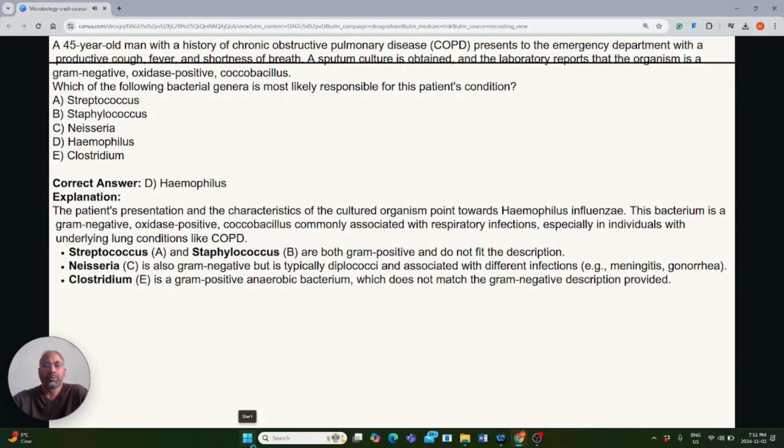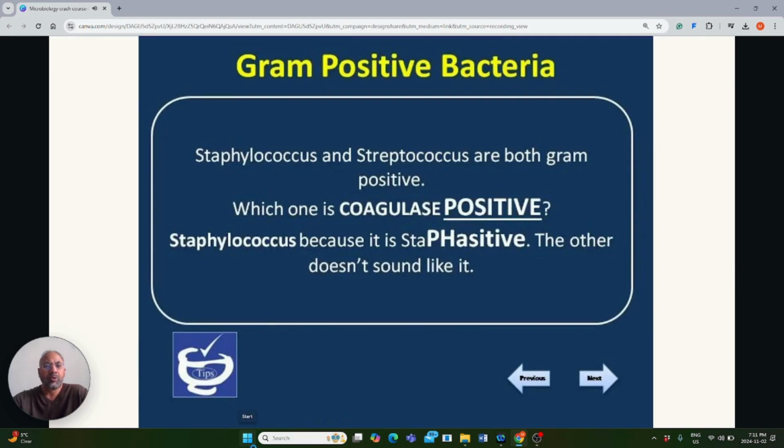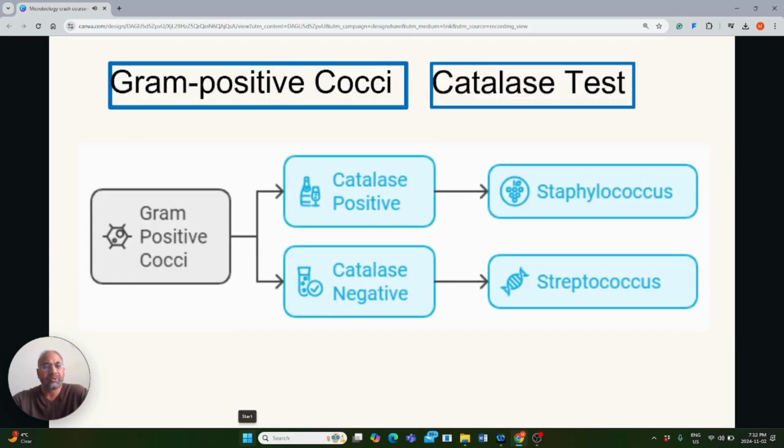Okay, so going to our next slide, the tests that are done to differentiate between different types of gram-positive organisms. We already said that the most important and most common organisms in the gram-positive list are the staph and the strep, the Staphylococcus and the Streptococci. Let us look at the tests done to differentiate between these two organisms.